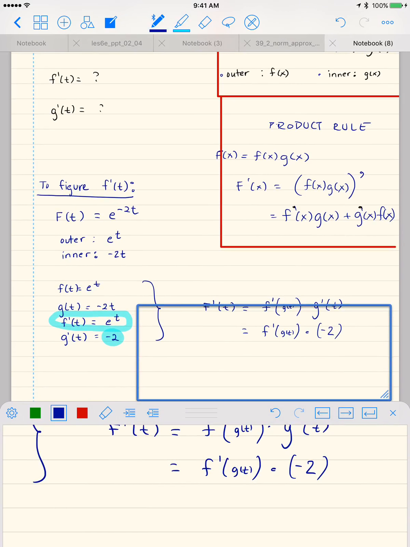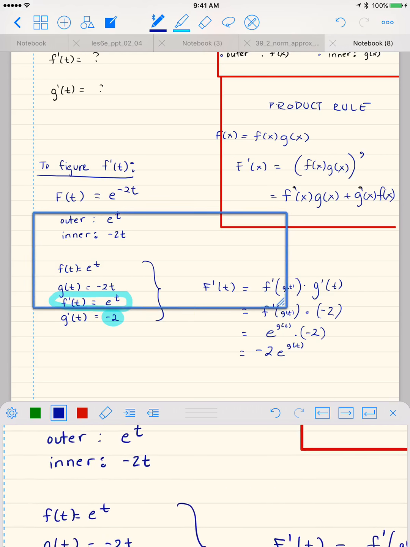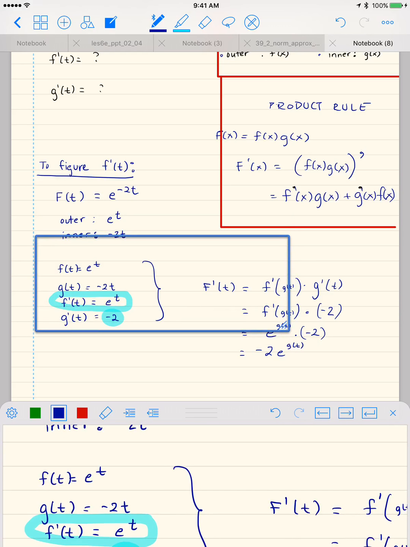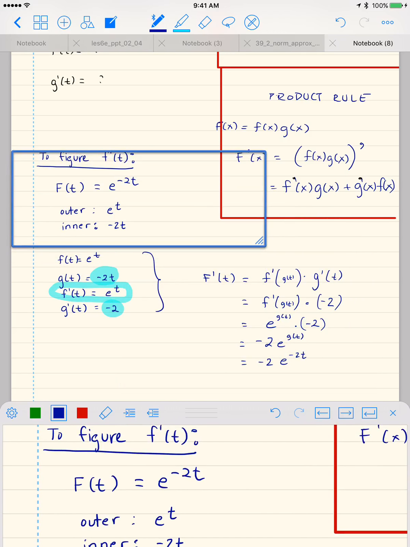So f prime of g of t will be e to the g of t. Okay, and again, this is times negative 2. So we can rewrite this as negative 2 e to the g of t. But now what is g? I go back here, and my g is right here. G of t is negative 2t. So this is going to end up being negative 2 e to the negative 2t. So the derivative, f prime of t, is going to equal negative 2 e to the negative 2t.